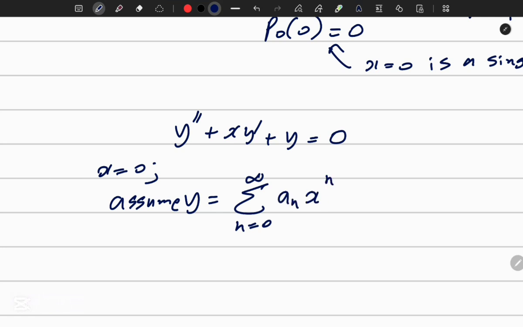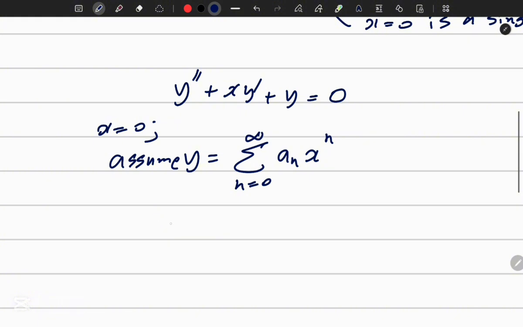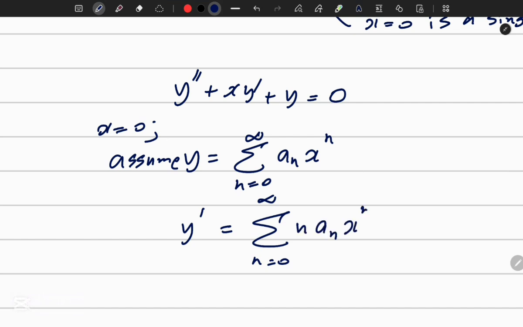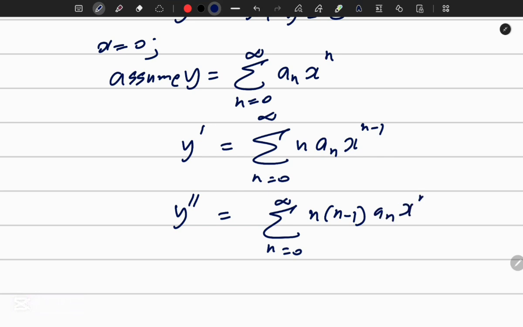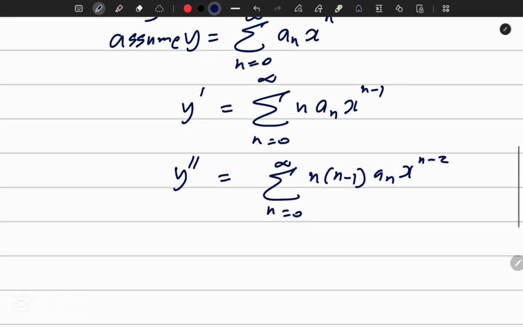So I'm going to assume this, so I can differentiate it. y' equals sigma n from 0 to infinity n a_n x to the power n minus 1. I'm going to differentiate this again, so y'' is sigma n from 0 to infinity n times n minus 1 a_n x to the power n minus 2.